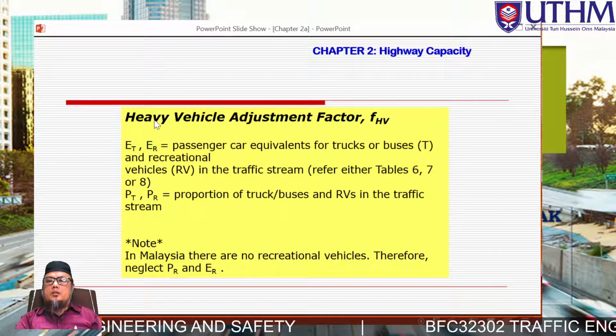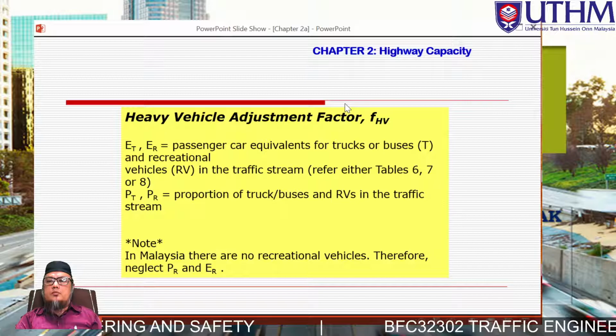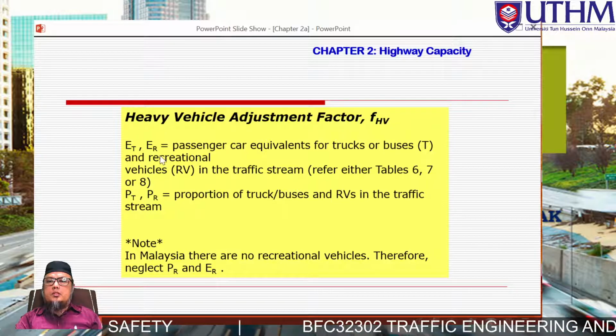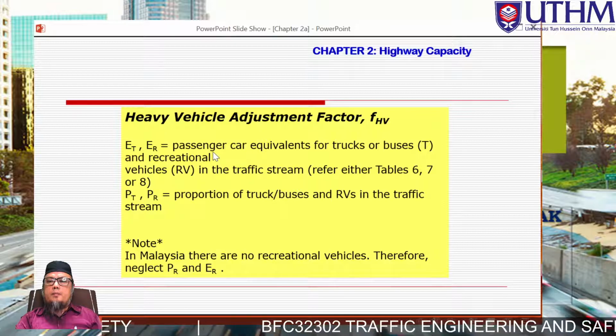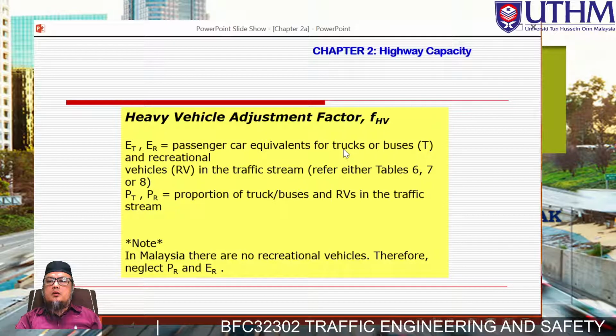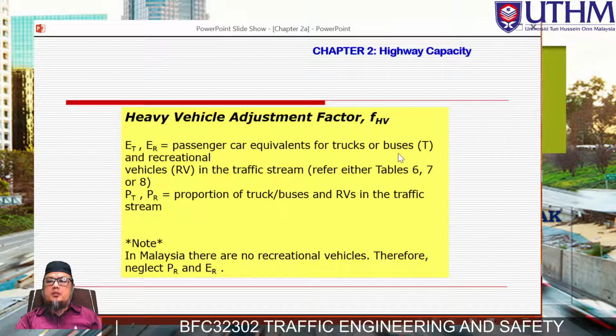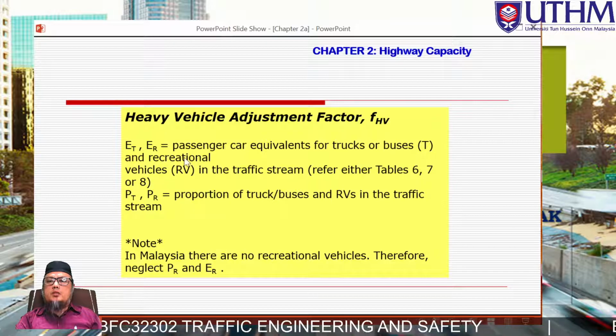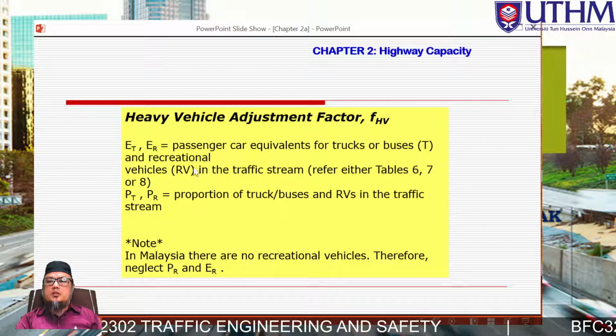Next, the heavy vehicle adjustment factor, fHV. This consists of the characteristics of heavy vehicles, trucks and buses, which we put under one category. And also we have recreational vehicles, RVs.